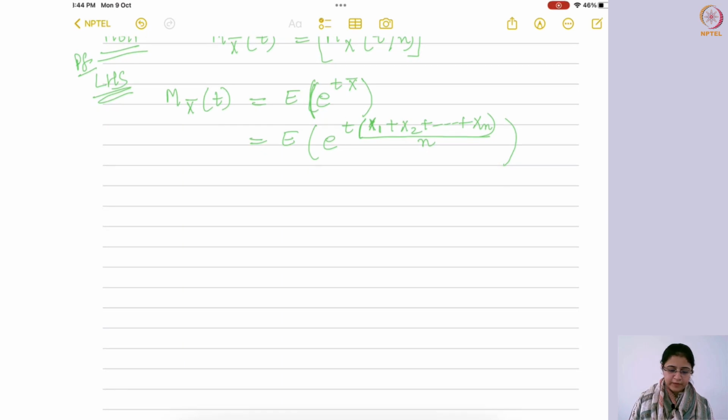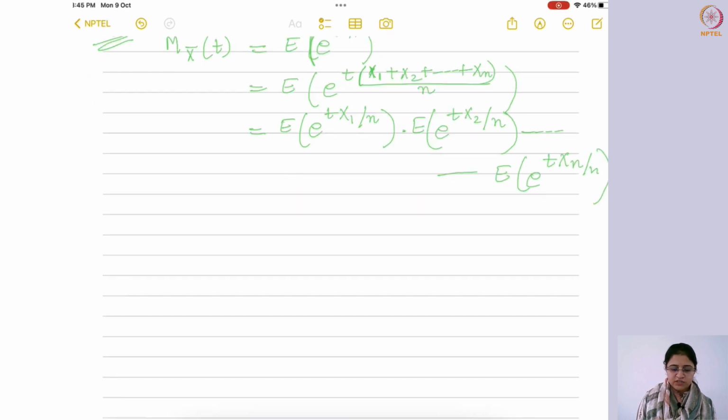You can consider these terms as the expectation of e raised to the power t x1 by n, the second term likewise e raised to the power t x2 by n, and so on till the last one, the expectation of e raised to the power t xn by n.